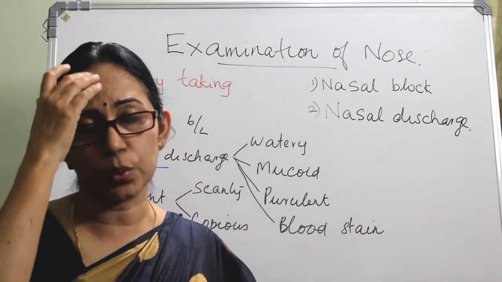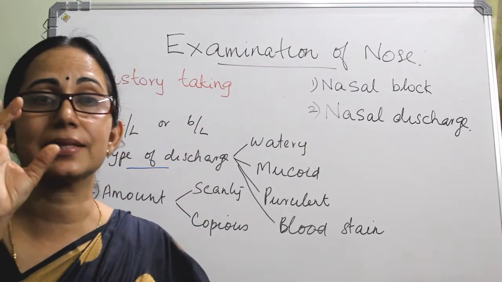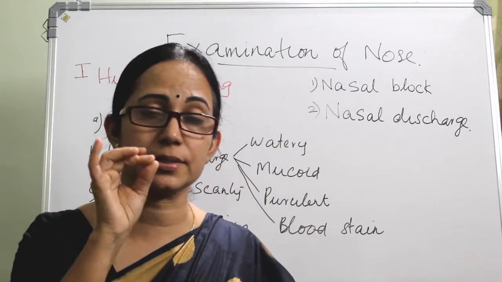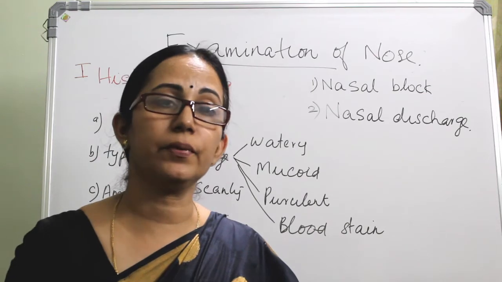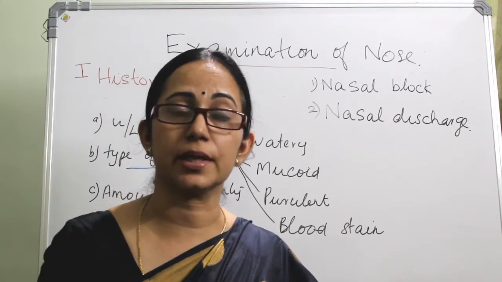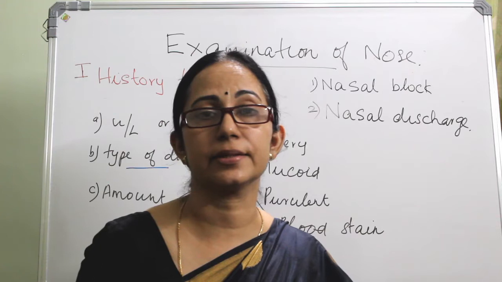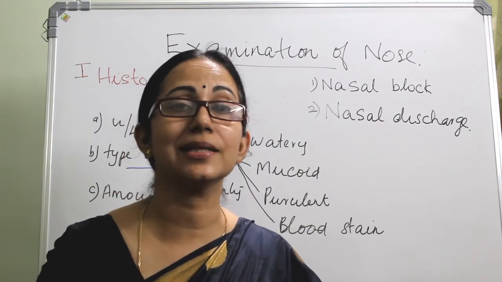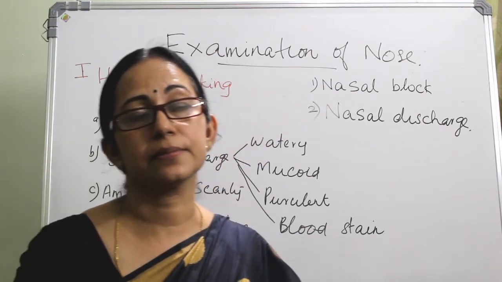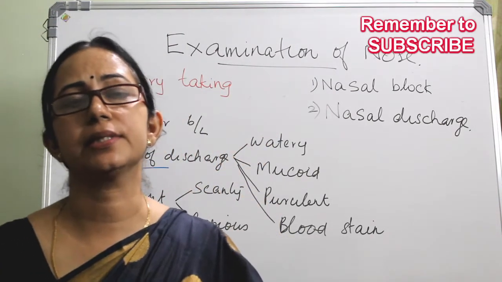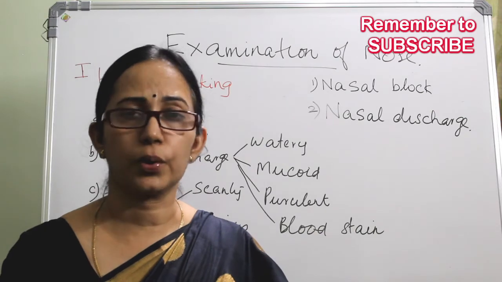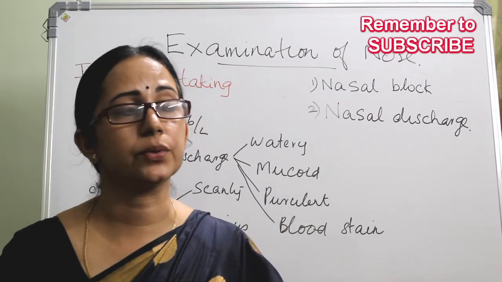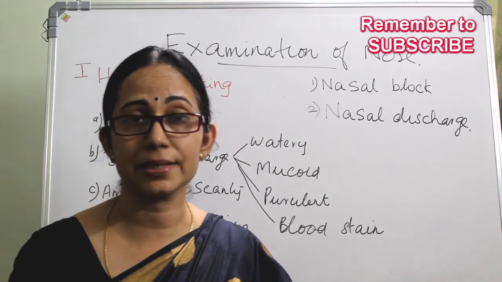Mucoid, I already told in ear examination, it is sticky in nature because of the mucus secretion. So that type of discharge you get especially in cases of allergic rhinitis, and in allergic fungal rhinosinusitis you get greenish mucoid discharge. Purulent type is commonly seen in case of foreign body nose, then rhinolith, then sinusitis.